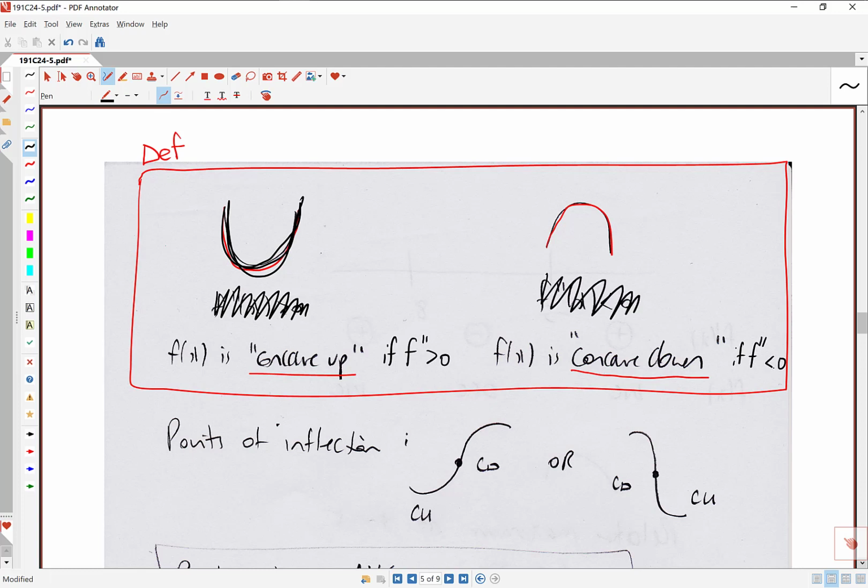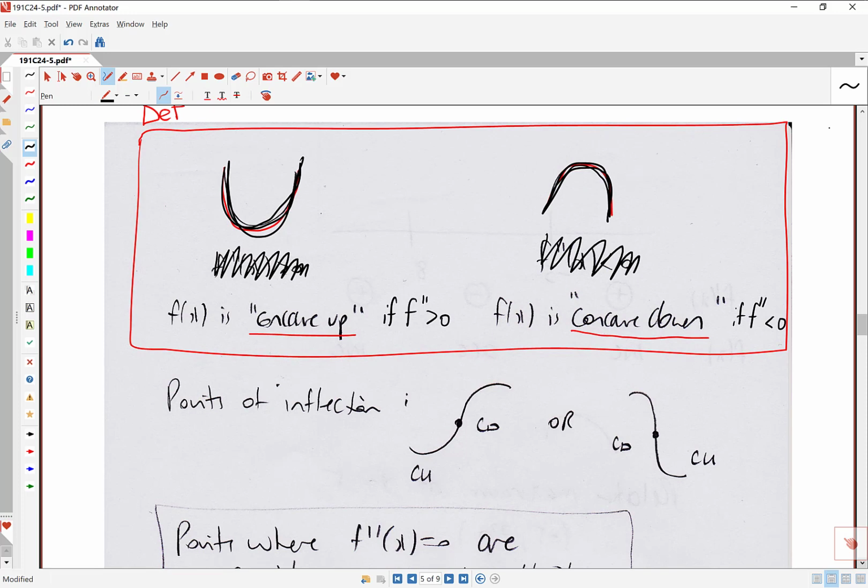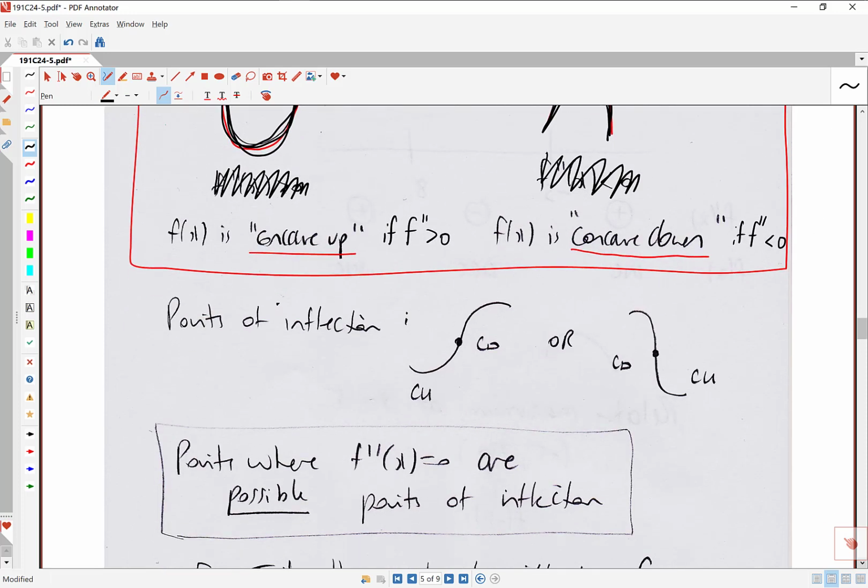So if f double prime is negative, f of x is concave down, and that corresponds to a situation where your cereal is on the floor. So talking about the second derivative can help us get the shape of the curve right when we're doing a sketch.